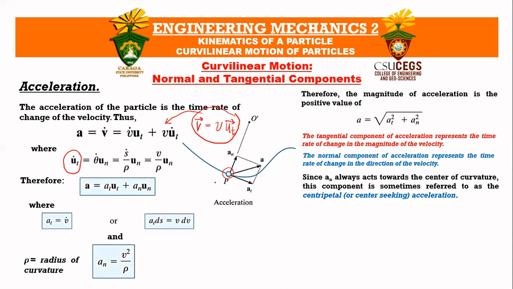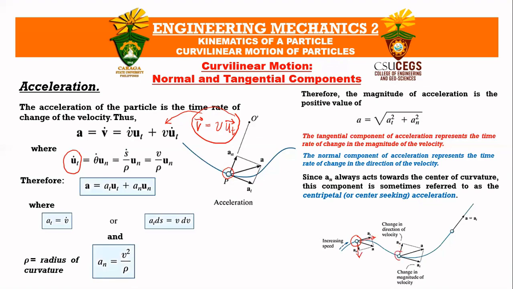Because like what I've discussed earlier, the normal component is acting towards the center of curvature. And as you can see here in this illustration, every time the particle is moving along the curved path, there's always a change in its normal and tangential components. So considering an increasing speed, at the first position, as you can see, we have here its normal and its tangential component.